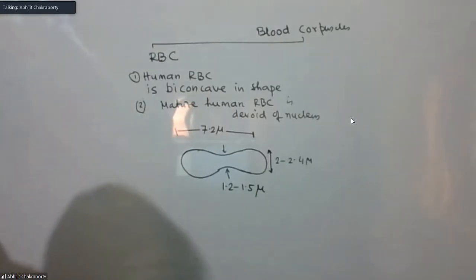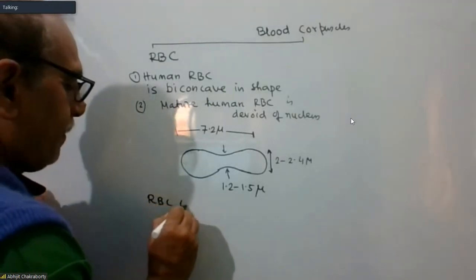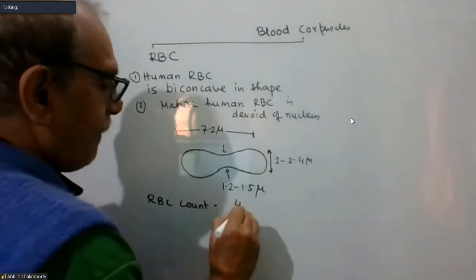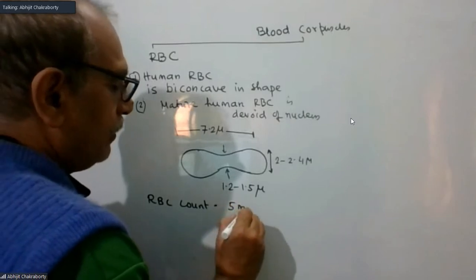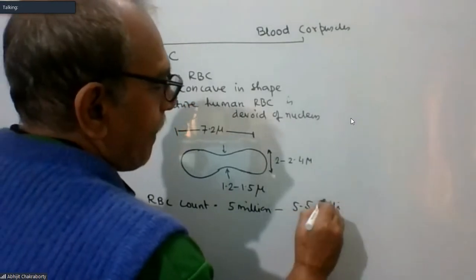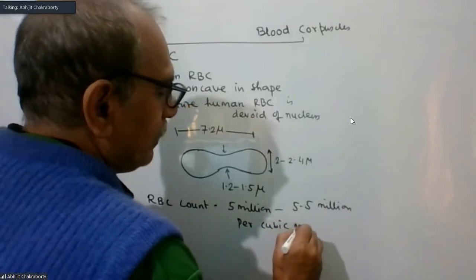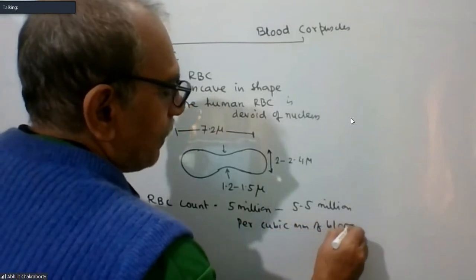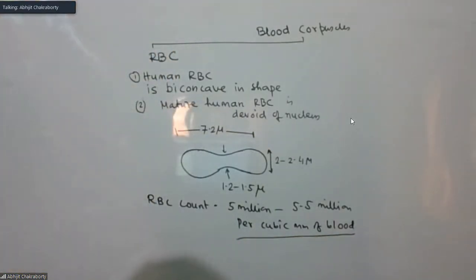So human RBC count: 5 million to 5.5 million per cubic millimeter of blood. Clear?